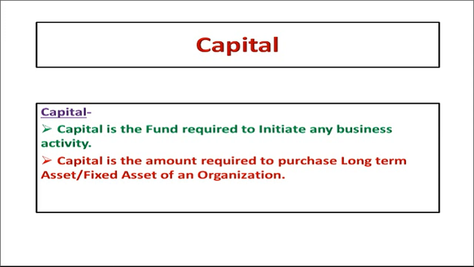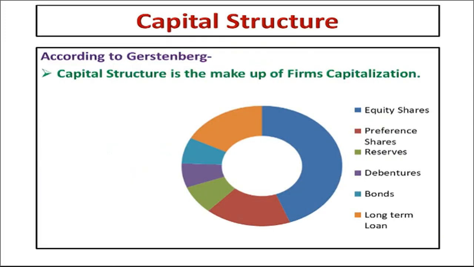Am I right? Then friends, when we are talking about capital structure, according to Gerstenberg it is nothing but a study of the makeup of a firm's capital. In this picture you can see different colored circles.